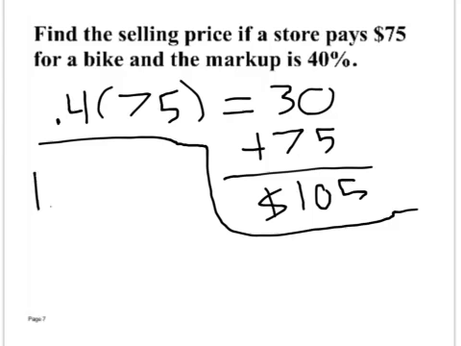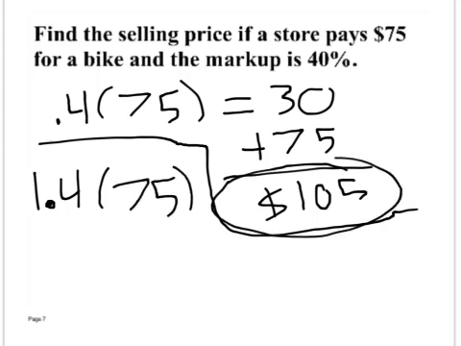So I'm going to take 1.4, or 140%, times 75. 1.4 times 75 is $105. So we could take 140% of the price, times 75. That gives me the same thing as finding out what 40% is and then adding it to 75.